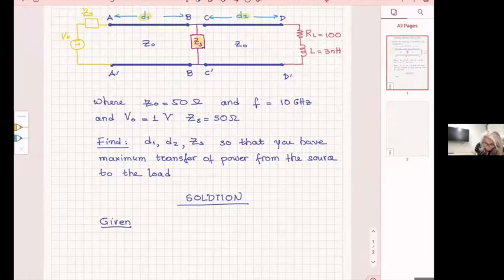We know, first of all, that V naught is 1 volt. We know also that ZS is 50 ohms. We know that Z naught is 50 ohms.